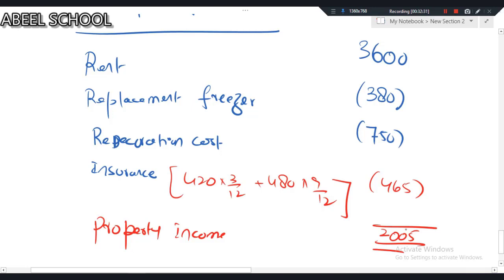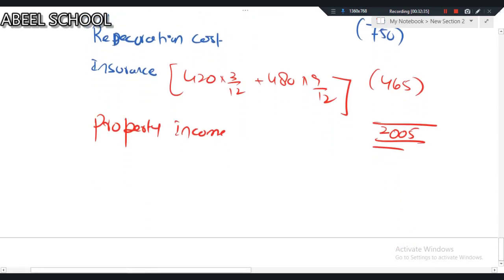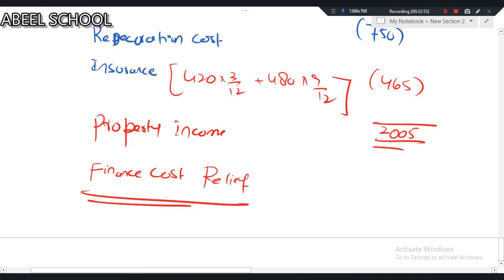Okay. Another important point. Now let us discuss one more rule relating to property income. The name of the rule is finance cost, finance cost relief. Now what is this finance cost relief? Try to understand. There are a few possibilities.